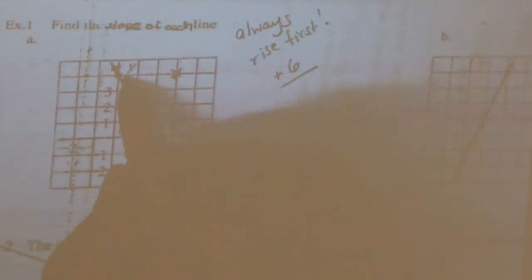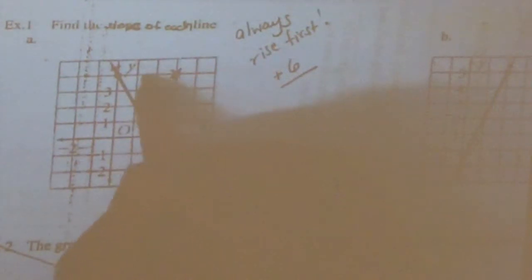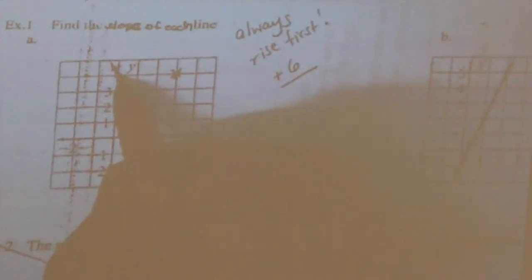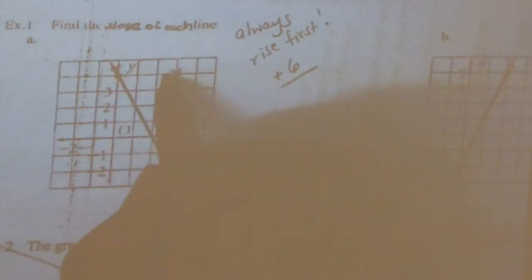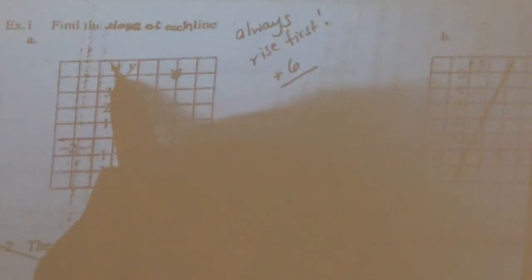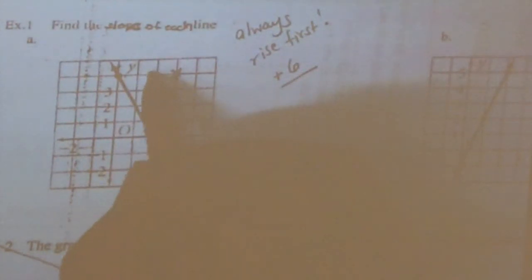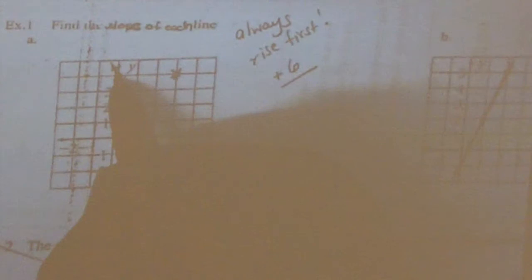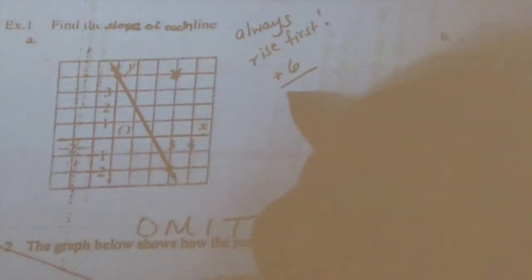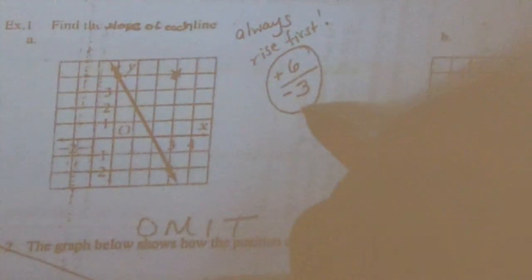And we still use the same concept with your positive and negative signs. Since I'm moving to the left, my run is going to be a negative number of units. So to get to that point, I have to move 1, 2, 3 to the left, and that left is denoted as a negative 3. So this is my ratio that represents my slope, but we can simplify this down.